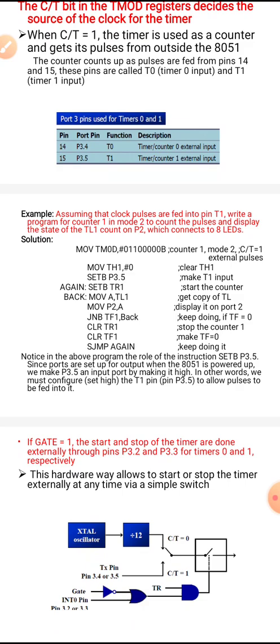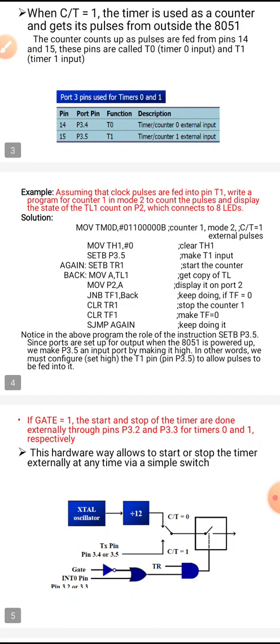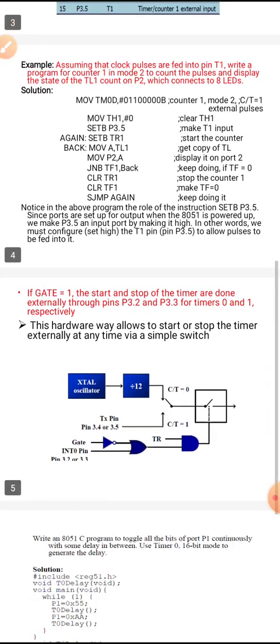And we are continuously monitoring the TF1 flag to check whether there is a roll over from FF to 0 by the instruction JNB TF1, back. Next, once it rolls over, clear TR1, which means stop the timer or counter, clear TF1, reset the timer flag, and SJMP again. This is a program which is operating in counter 1 mode 2.